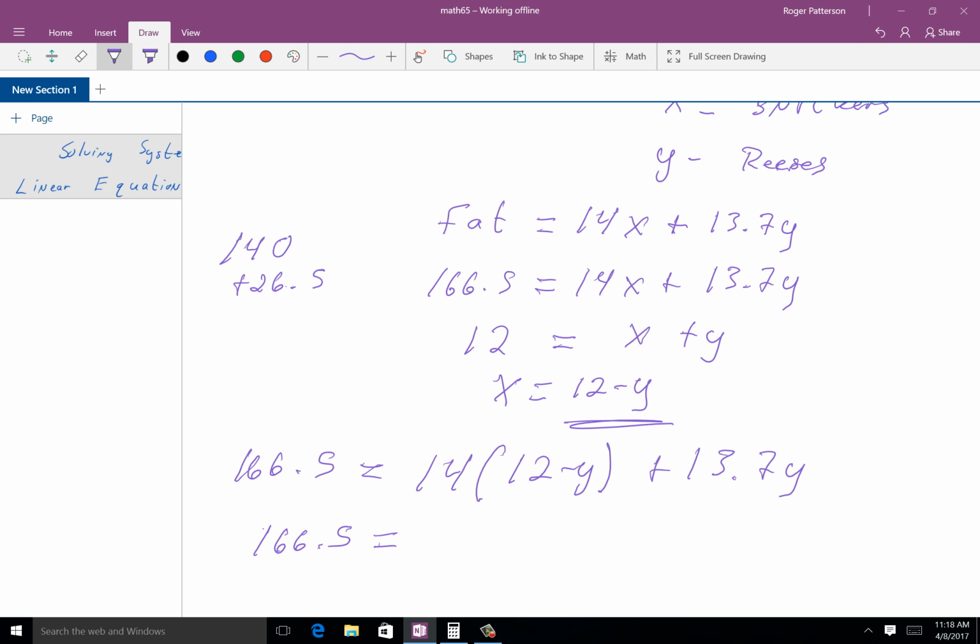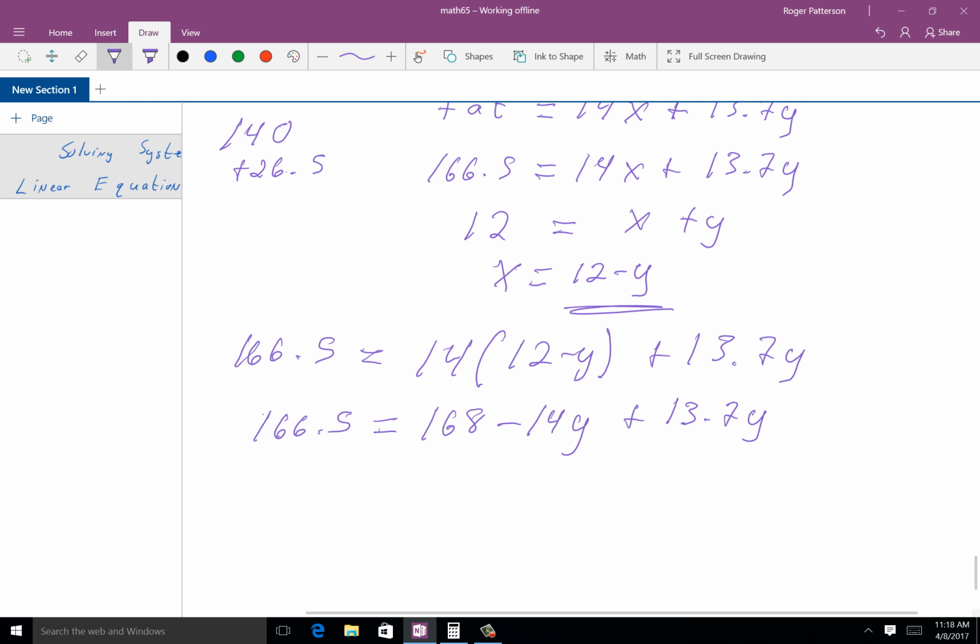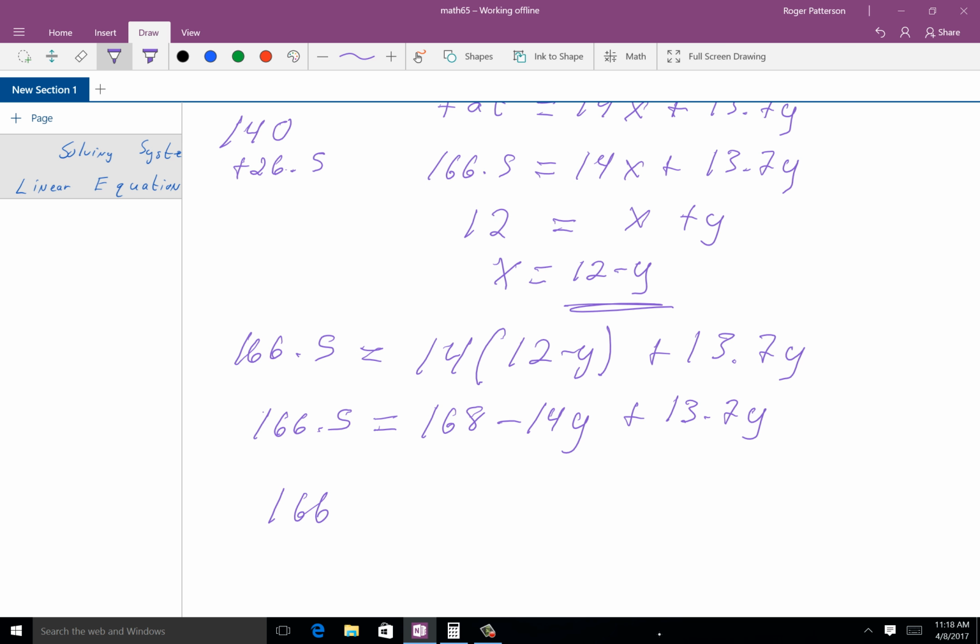14 times 12. Is that 196? Anybody done that one yet? 168. It's going to be a minus 0.3y, I think. I think so.